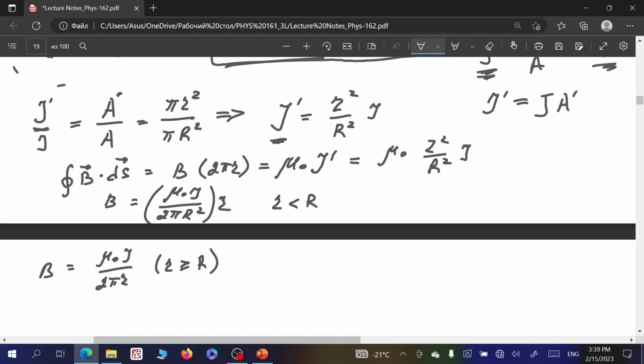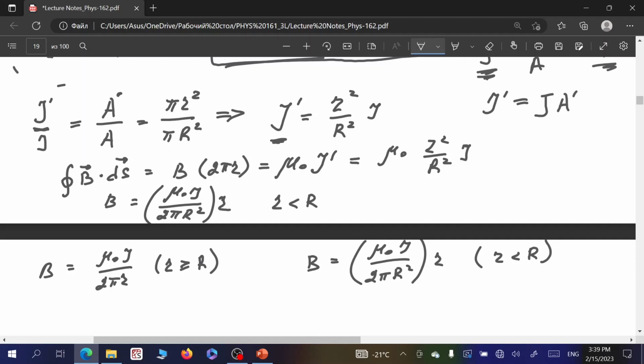And the second equation for magnetic field, which is determined for the medium inside the conductor, will be mu naught times I over 2 pi times R square times r, when r is smaller than the radius of the conductor.